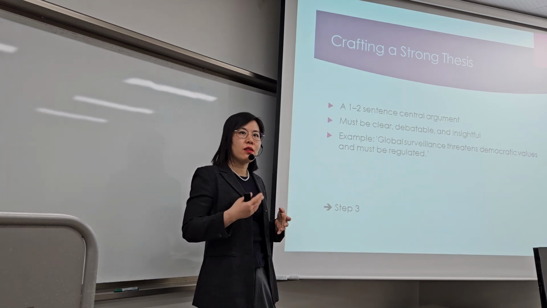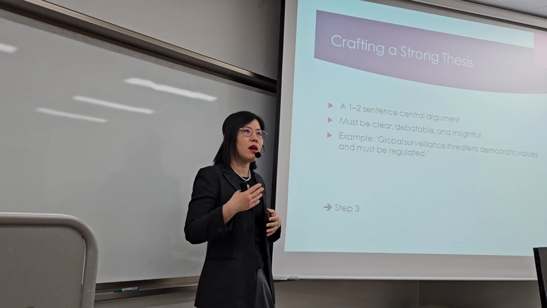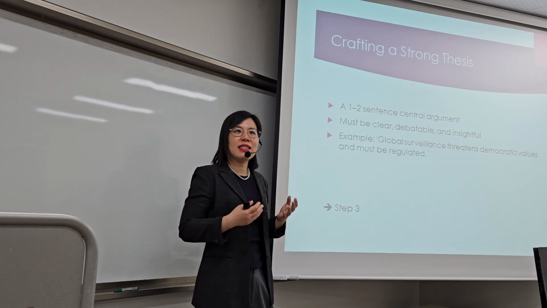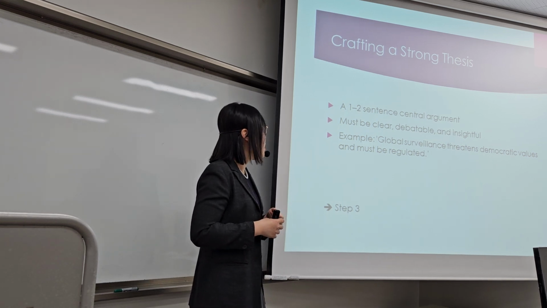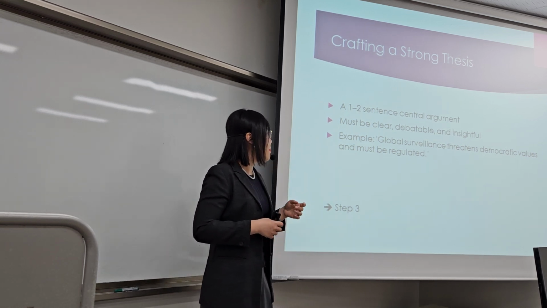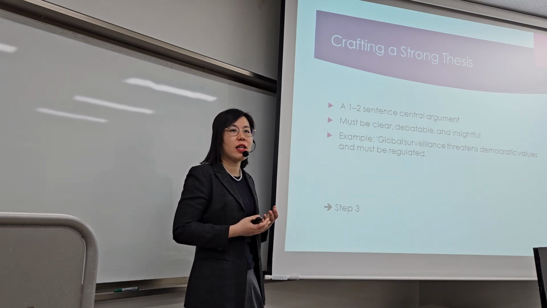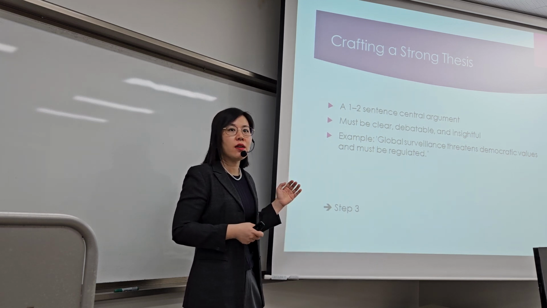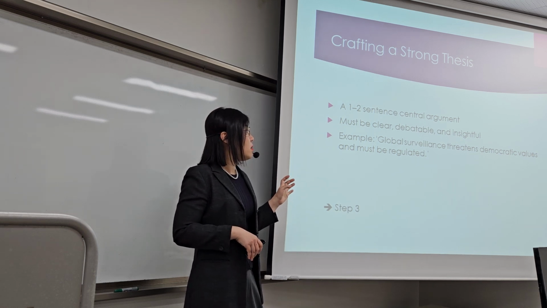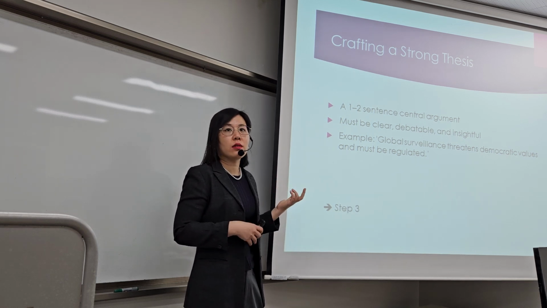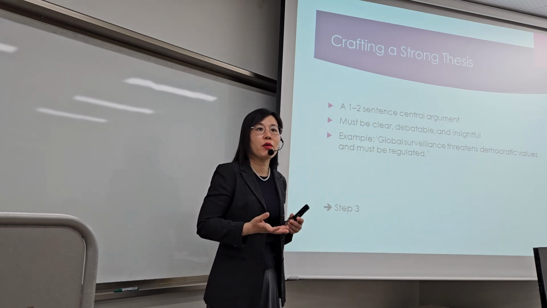And insightful. I don't actually expect deep insight from you as of now, because you're only freshmen, college students. I gave you an example: global surveillance threatens democratic values and must be regulated. This is very clear, and it is controversial because it argues that global surveillance is linked with democratic values.